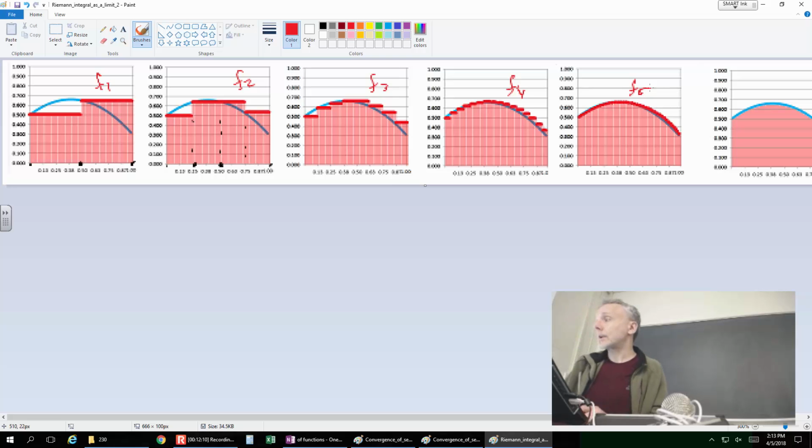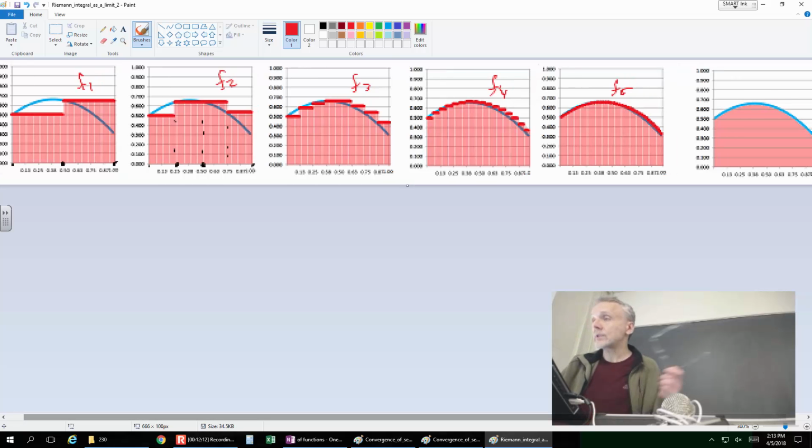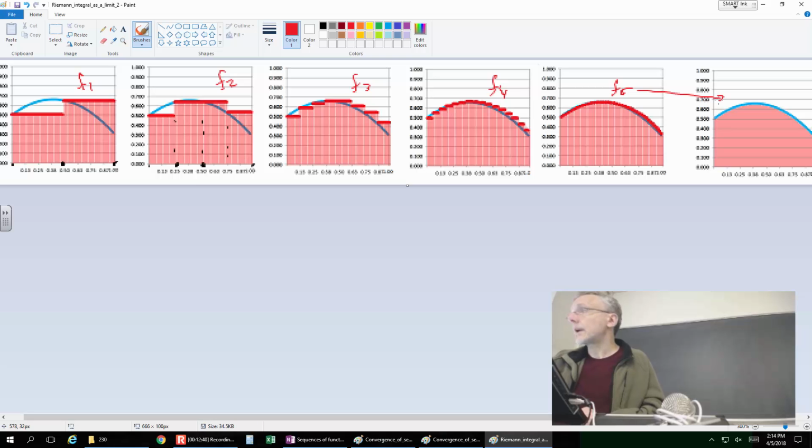And as you can see what the pattern is, what is happening to the sequence: that staircase has shorter and shorter steps, and even f5 is very close to the original function. So they converge to this function f.